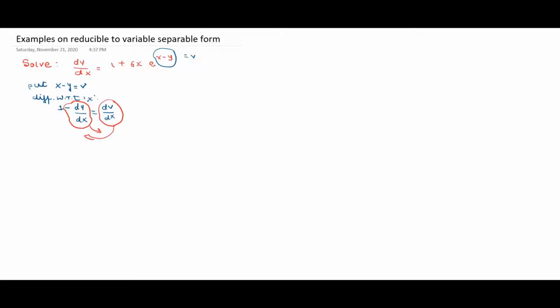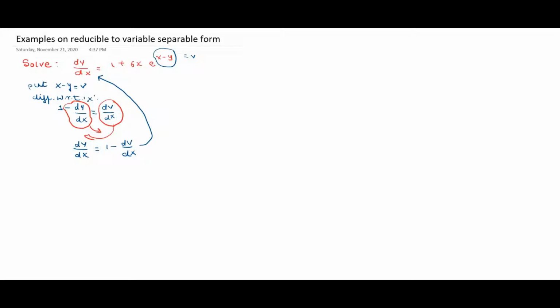So if we transpose minus dy by dx to the right hand side, you will get plus dy by dx, and if we transpose dv by dx to the left hand side, you will get 1 minus dv divided by dx. So this is the value for dy by dx. You have to substitute this value of dy by dx in the given equation.